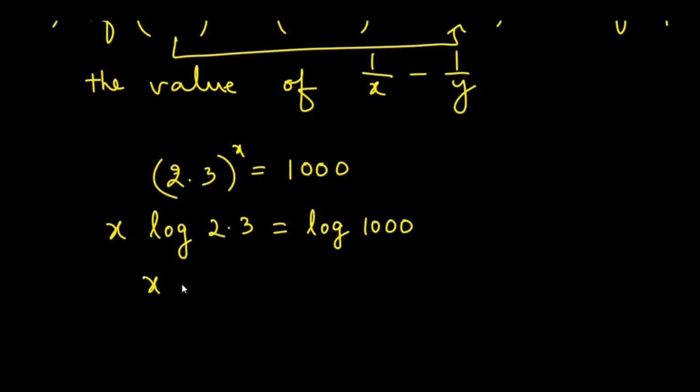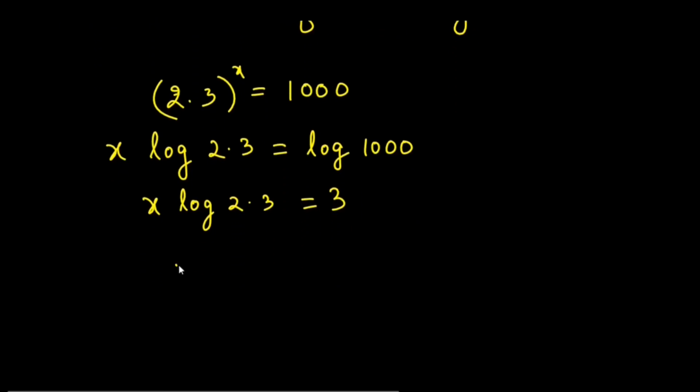So x into log 2.3 is equal to 3. So x is equal to 3 by log 2.3.